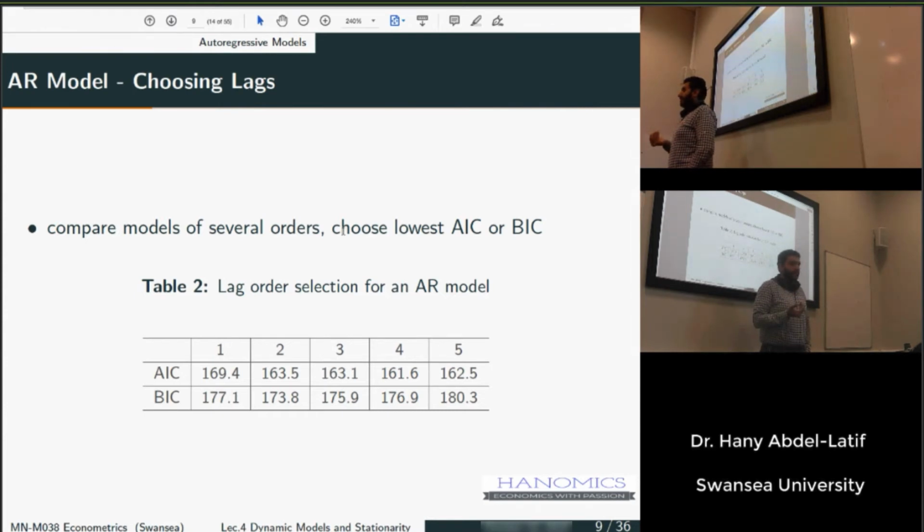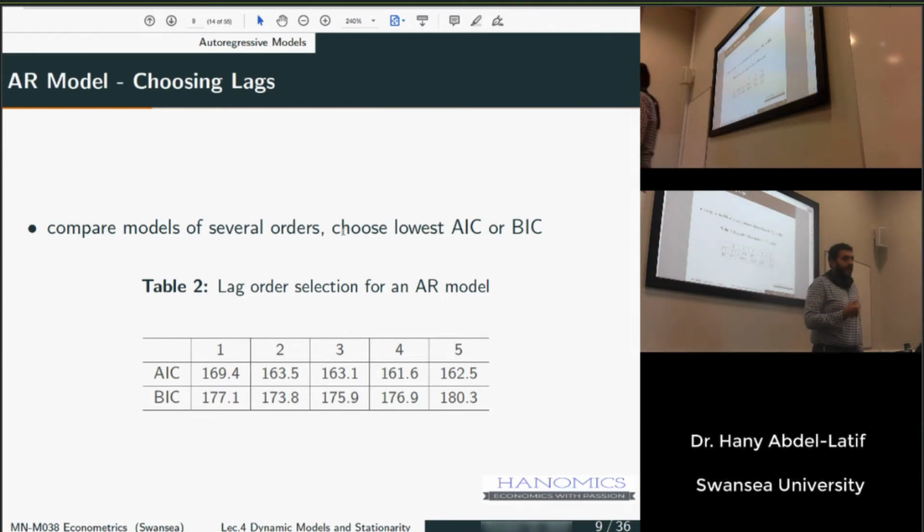If there's some seasonal effect, I need to go back 4 quarters, not just 2 quarters. So sometimes I even go beyond what these criteria suggest if there's a reason to do that. And of course, you need your own judgment about the results you obtain as well. Does it really make more sense to go back more lags or not?